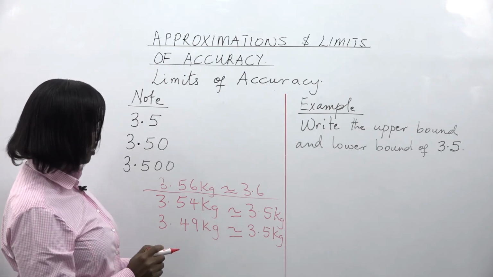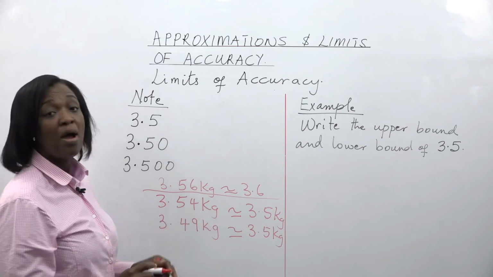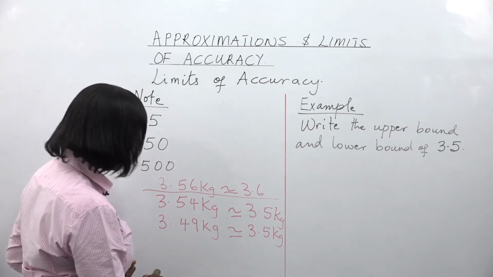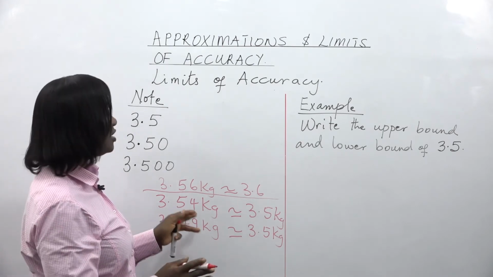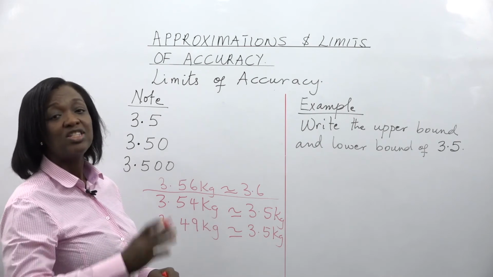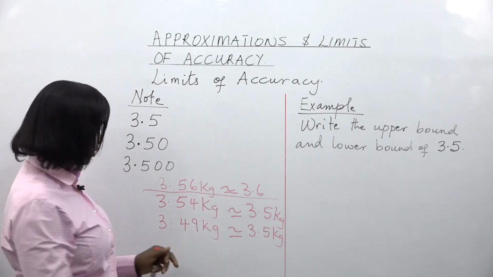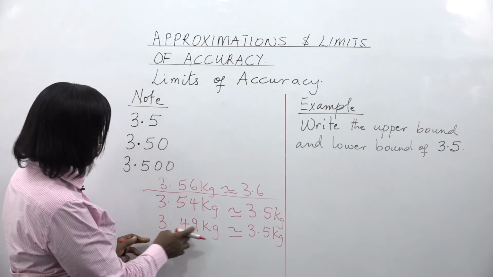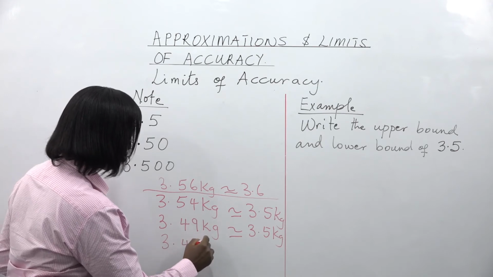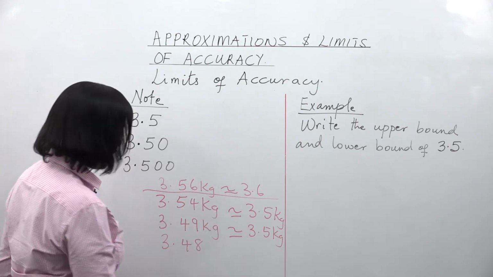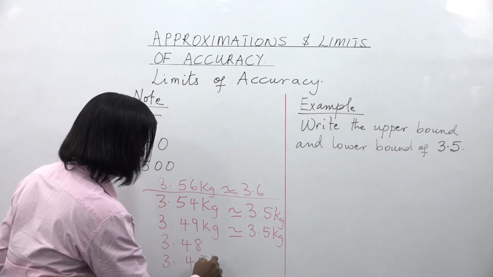Let's look at the lowest limit. So obviously, the highest limit we have is 3.54. But for convenience of writing, it is usually written as an inequality. And the upper bound inequality is a strict one. It will be strictly less than 3.55. So for the lower bound, 3.49 would round to 3.5. 3.48 would round to 3.5. And down all the way to 3.45 kg.